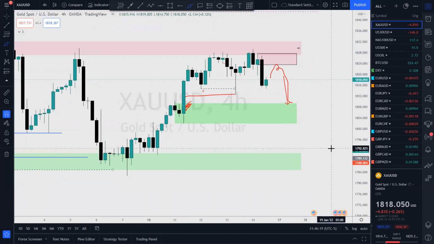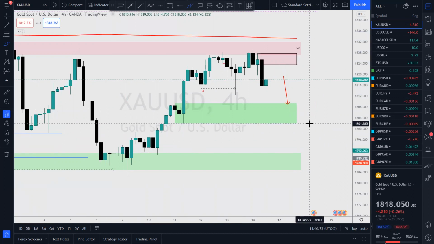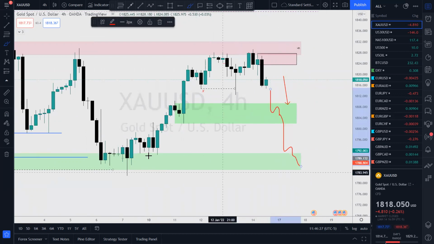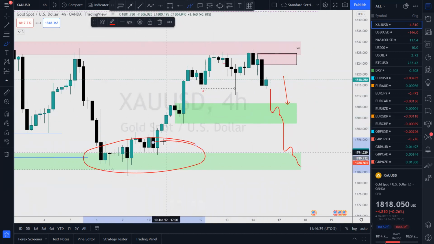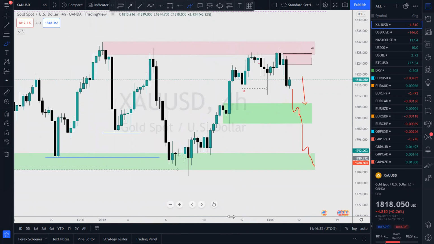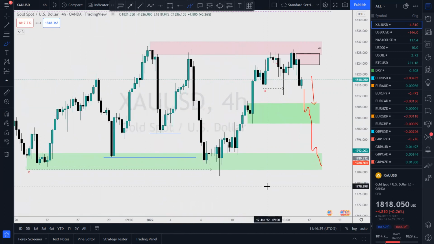Or price could find its way to the bottom of the trading range once again, finding this order block here for a return to impulse. Lots to consider. Lots to consider.